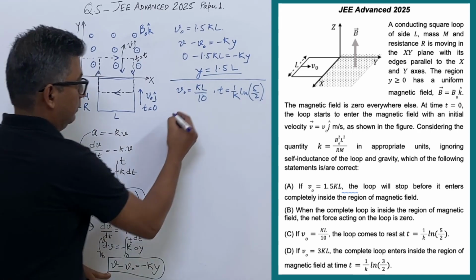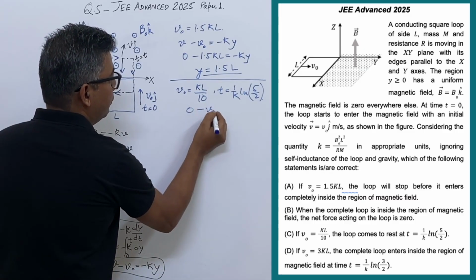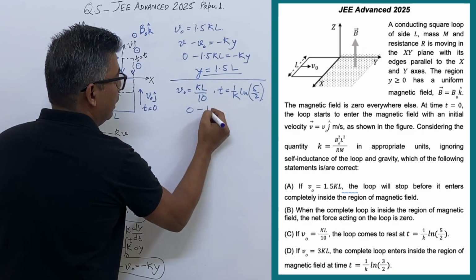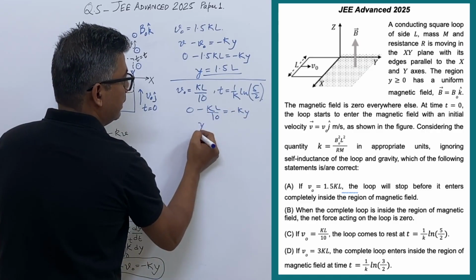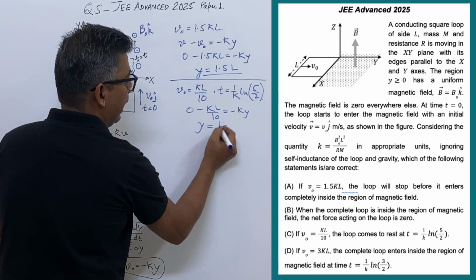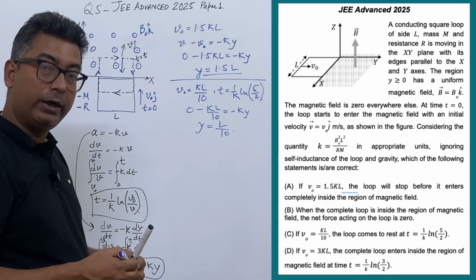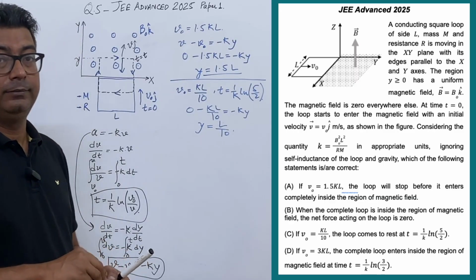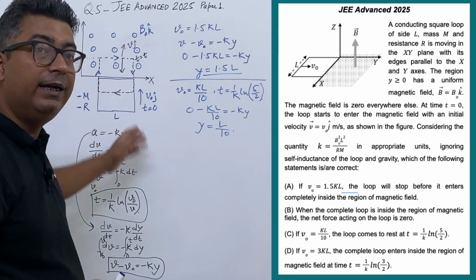Again applying this, final velocity is 0 minus V naught, which is equal to KL by 10. What is the distance it travels? Whether it stops or not, y comes around L by 10. So this time it could not enter completely. It has only traveled 1/10 of its side length.